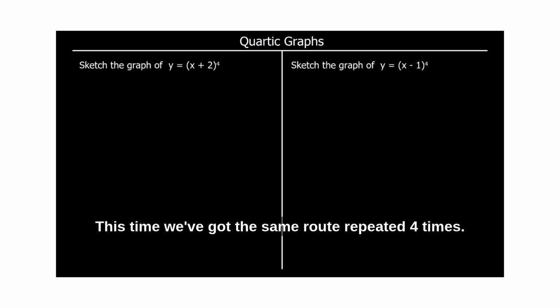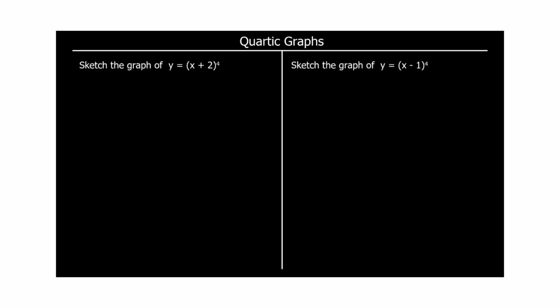And another one, this time we've got the same root repeated 4 times. So x plus 2 to the power of 4. So when y equals 0, x is -2. There's only one root.